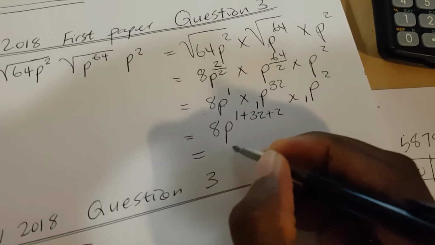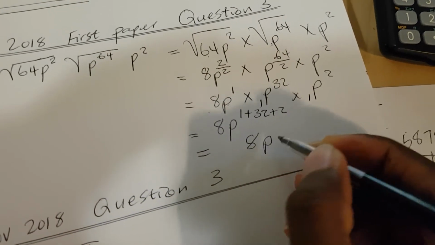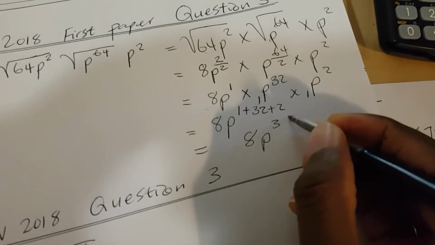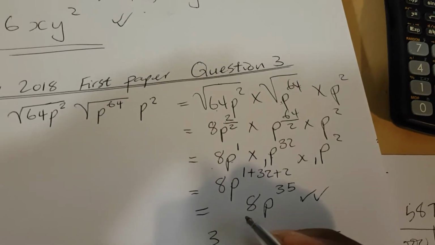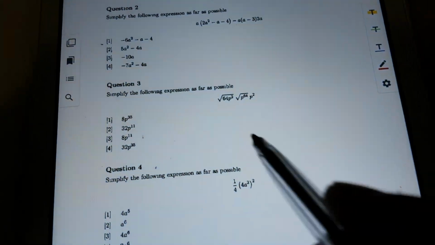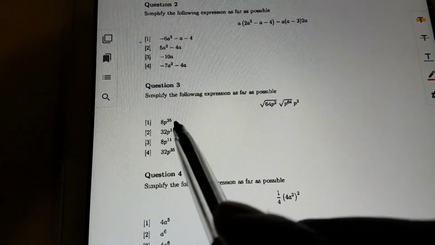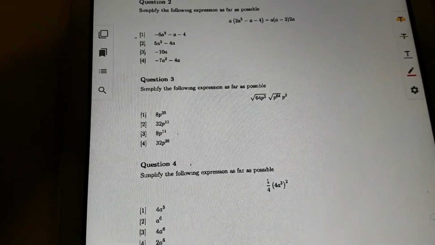So your answer would be 8p to the power of 35, which is option number 1.